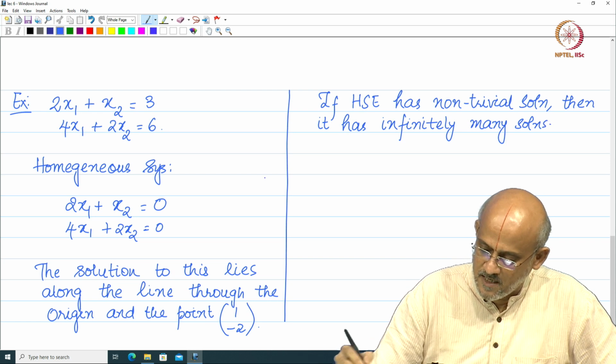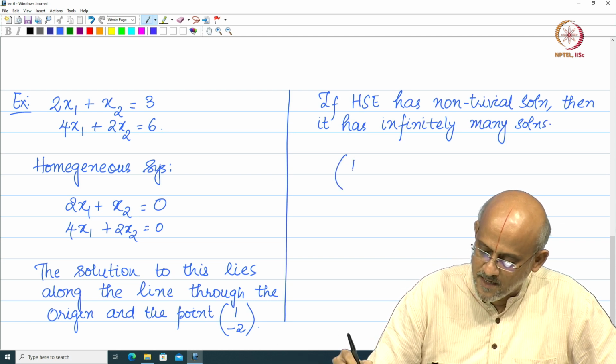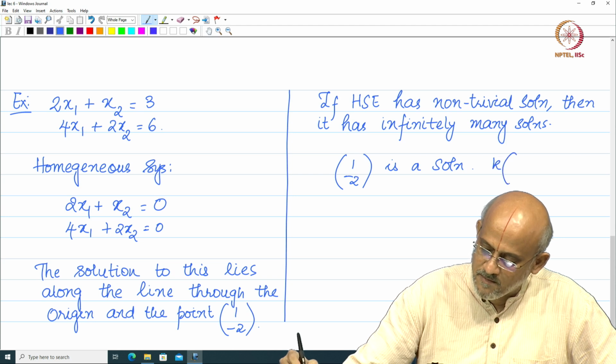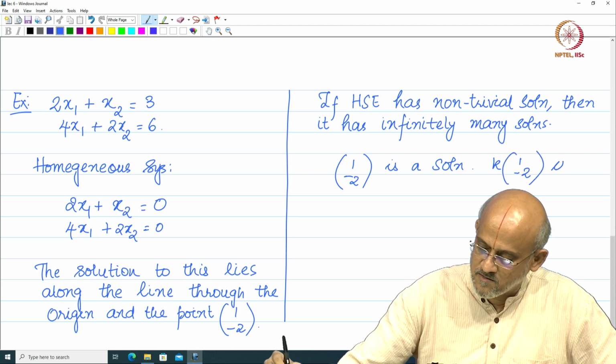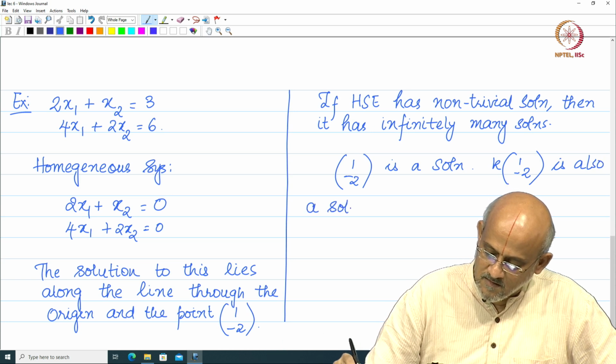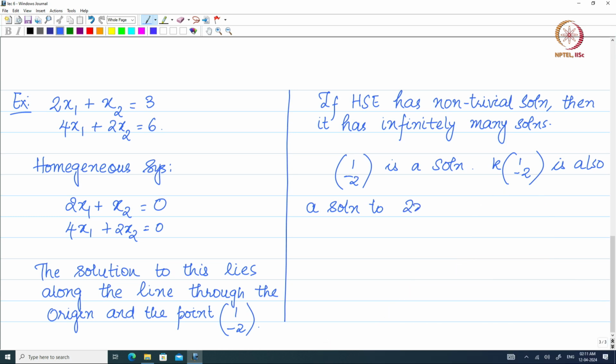So, for example, in this case we said that (1, minus 2) is a solution. Now, the scalar multiple k times (1, minus 2) is also a solution to 2x1 plus x2 is equal to 0, 4x1 plus 2x2 is equal to 0. And as you keep changing the value of k, some real scalar, you end up getting infinitely many solutions.